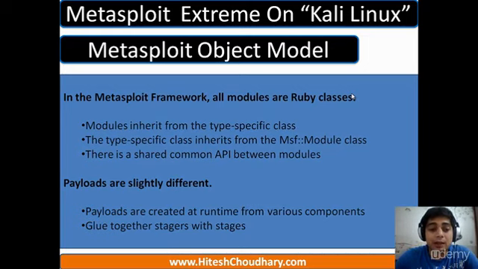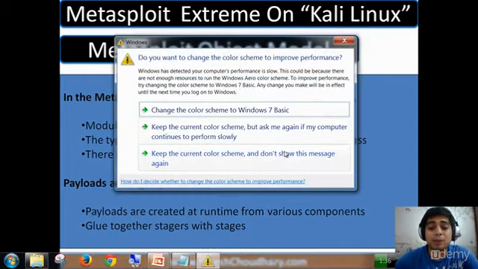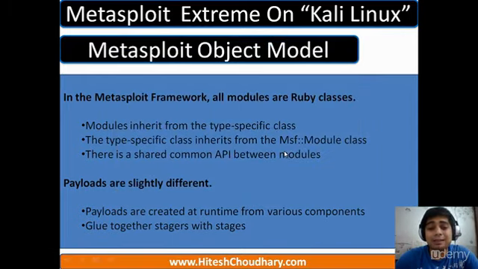In the Metasploit framework, all modules that you see around, like exploits and payloads, are designed as Ruby classes. Ruby has specific features, like modules inherited from specific type classes. For example, if you want to import some functionality, there are already modules designed for it and you can import that into the newly designed exploits or payloads.